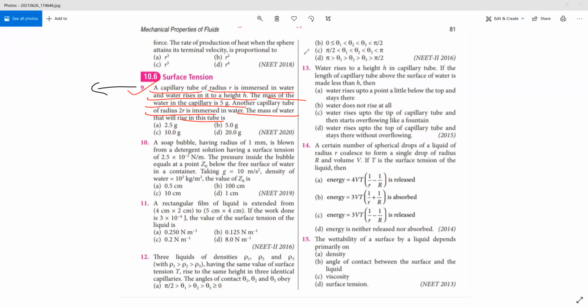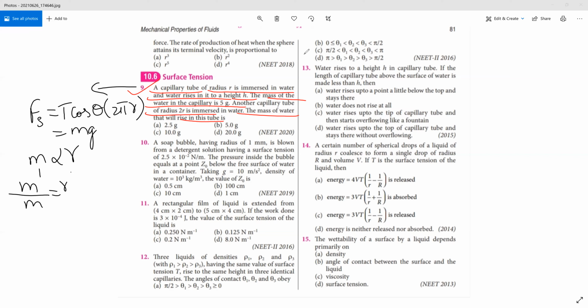So for the 9th one, the force of surface tension balances the weight of water in the capillary tube, that we already know. Therefore, Fs is equal to T into cos theta into 2 pi r, which is equal to m into g. From this, mass is directly proportional to r. Hence, m dash divided by m is equal to r dash divided by r. So m dash divided by 5 grams is equal to 2r divided by r.